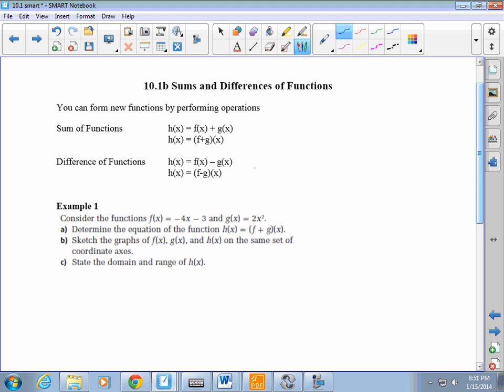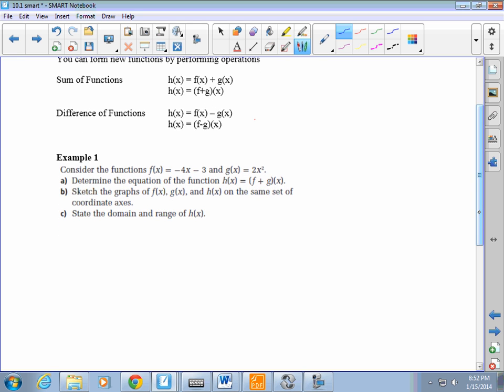It says consider the function f of x is equal to negative 4x minus 3 and g of x is equal to 2x squared. Determine the equation of the function h of x is equal to f plus g of x. So what we're going to do there, in A, it's asking us, what is my function if I were to add the two functions together?